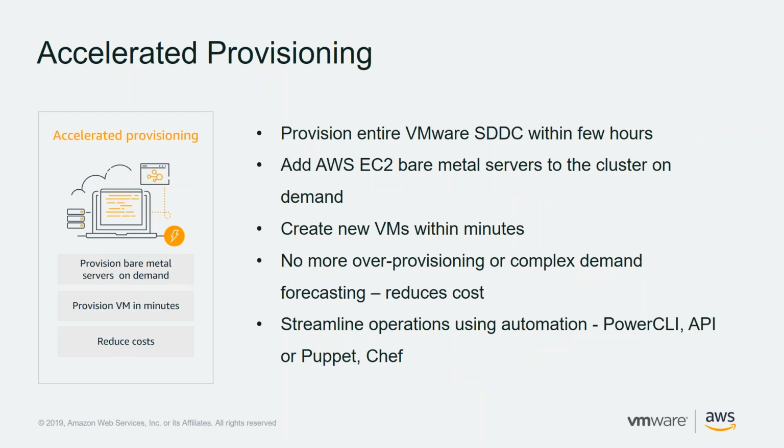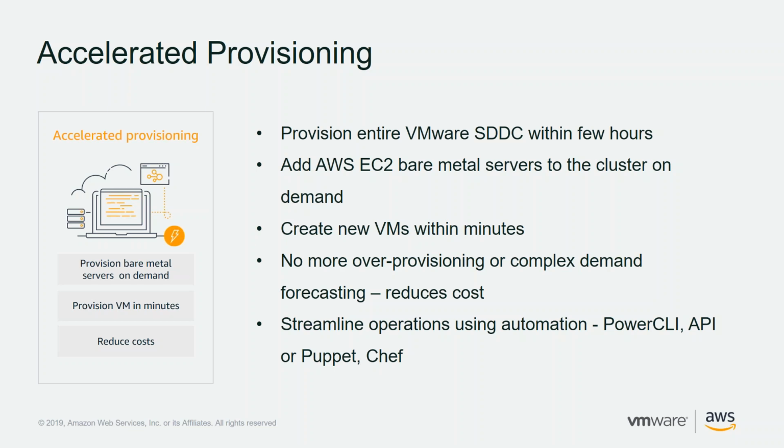The next benefit that we see is accelerated provisioning. You can provision your entire VMware SDDC from scratch in a few hours. If you choose to add new EC2 bare metal servers to your existing SDDC cluster, you can choose those as well. And you can create new VMs within minutes in your existing SDDC.